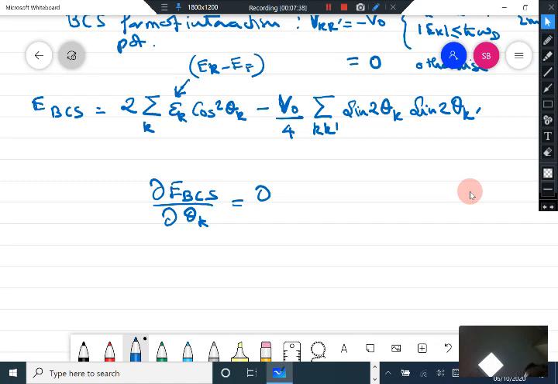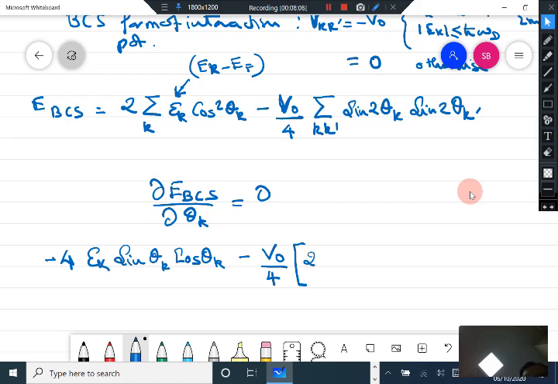When you do that, the first term will give you minus 4 Ek sin theta k cos theta k, minus V naught by 4.